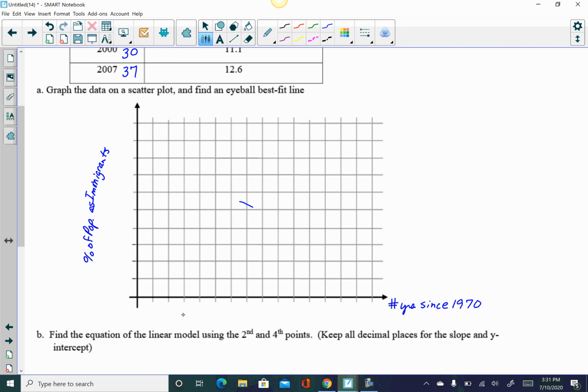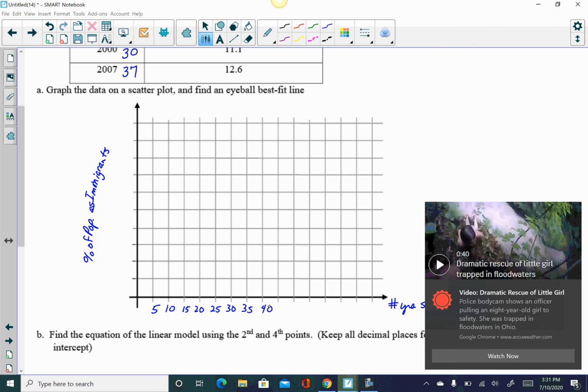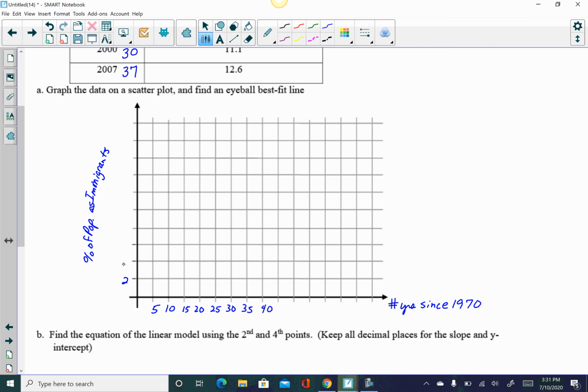So on the x-axis here, I'll just choose to count by fives. So 5, 10. Should be enough. Along the y-axis, your data is ranging from 4.7 to 12.6. So I just chose to count by twos. Plot my data.